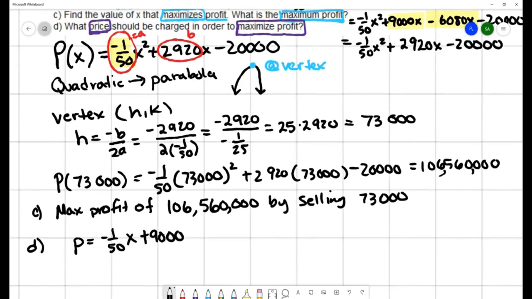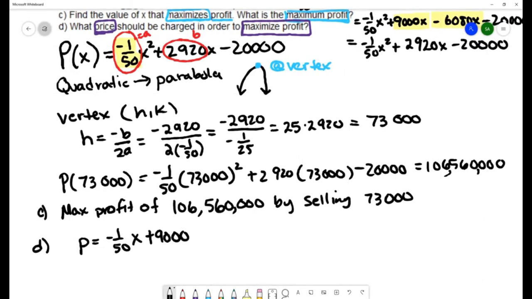The question says what price should be charged in order to maximize profit. So we've already figured out this number to maximize the profit, and that is the 73,000. So we're going to substitute into the demand equation 73,000. So we have negative 1/50th times 73,000 plus 9,000. Let's get our calculators again.